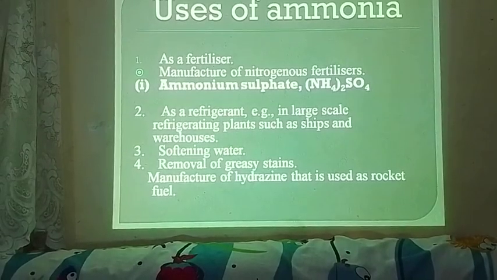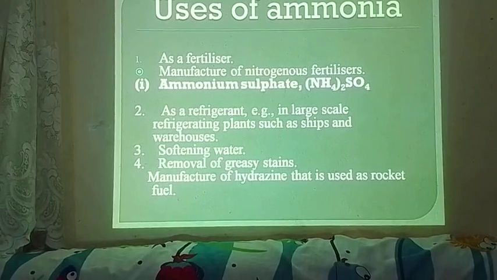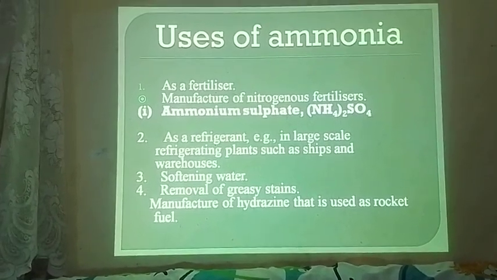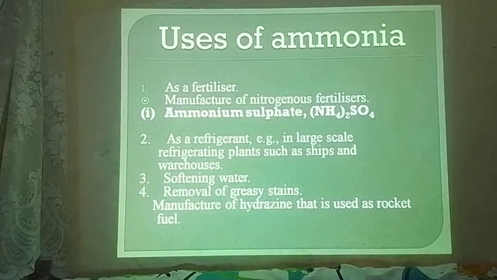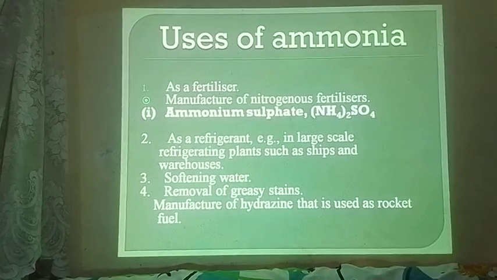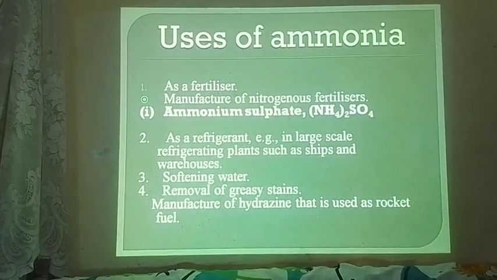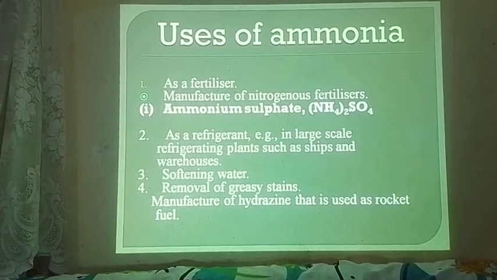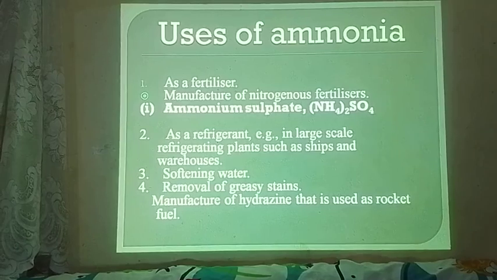Lastly, we want to see the uses of ammonia. After ammonia is manufactured and stored in cylinders, we have the uses of ammonia. Number one use of ammonia is to act as a fertilizer. Ammonia is a fertilizer itself.